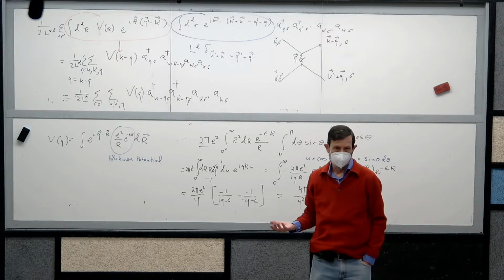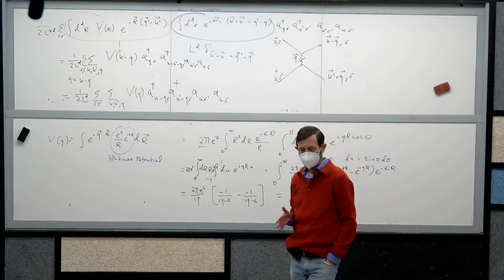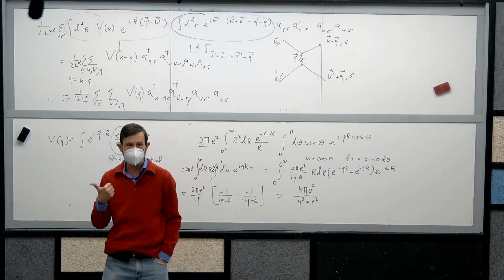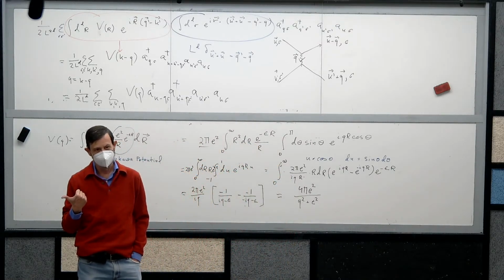But how do you see the connection to the distance here? It's the momentum. Okay, that's the good old rule of thumb about Fourier transform. Small q's, big R's, large distances.